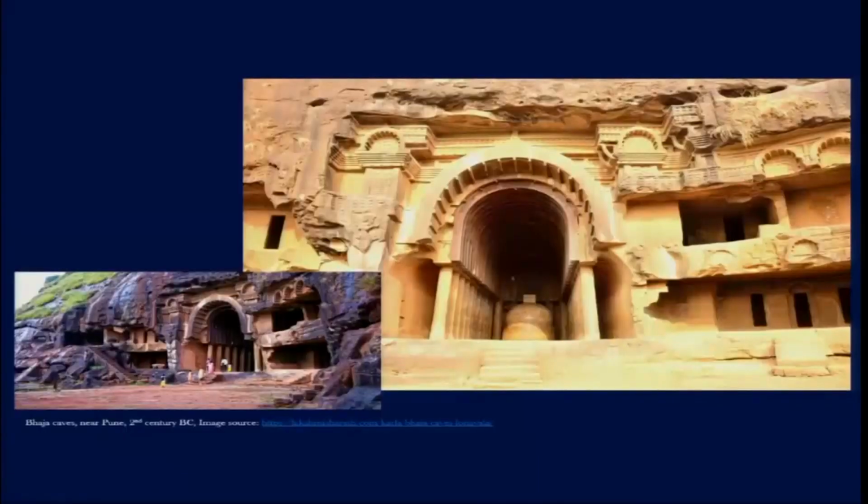Even here, if we see what kind of structures are being implemented, there is this large arched gateway, and this arched gateway again is the trifoil arch, the same kind of structure that we have seen in the Lomas Rishi cave in Bihar, and this is the structure we are seeing in the state of Maharashtra.